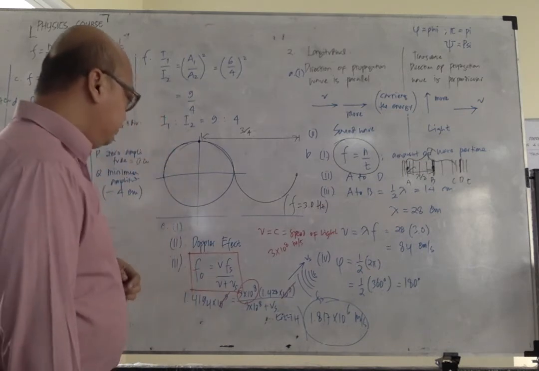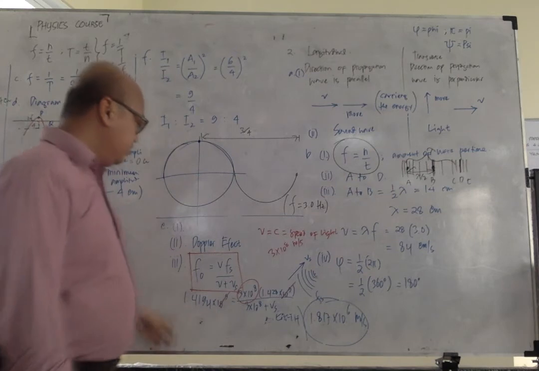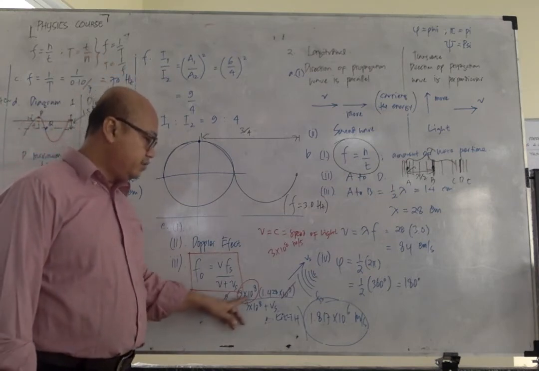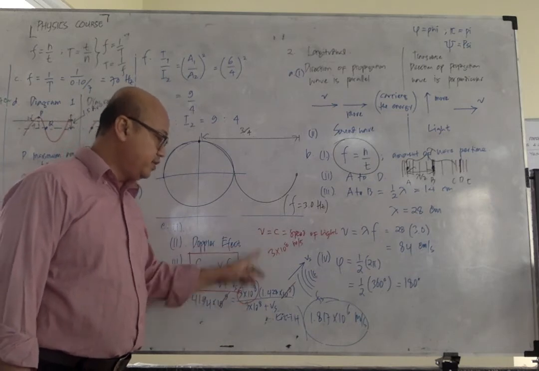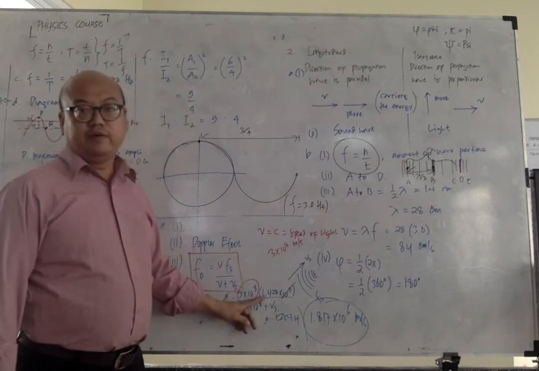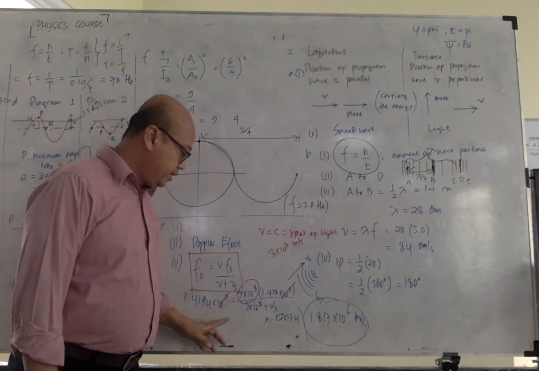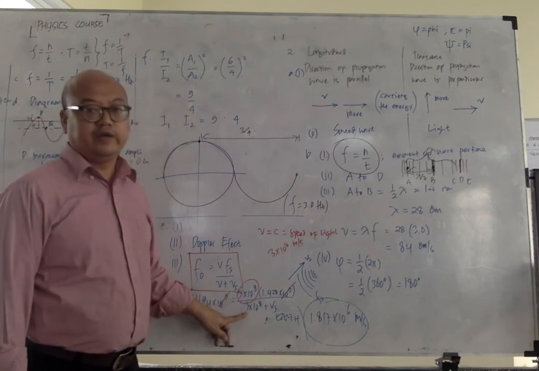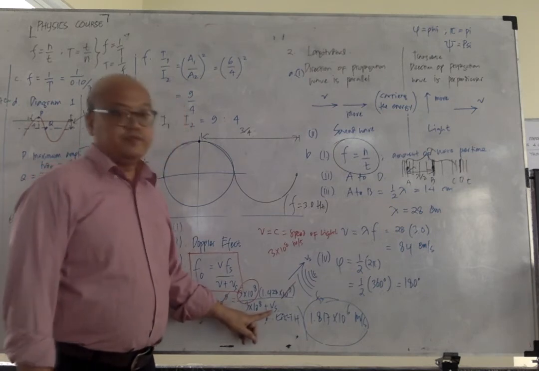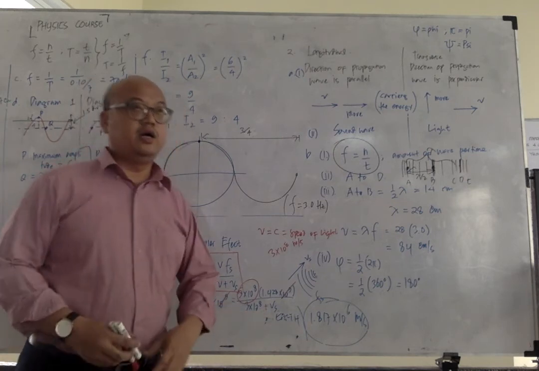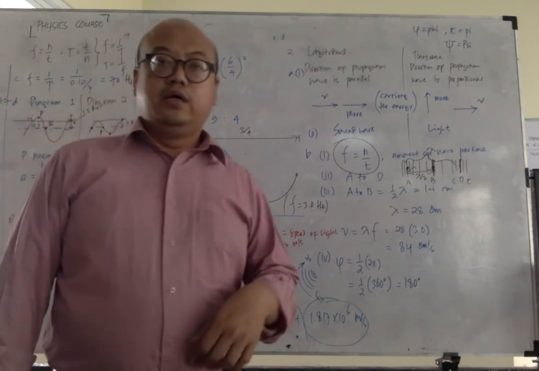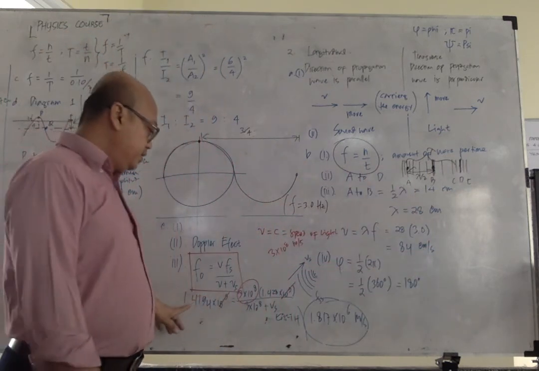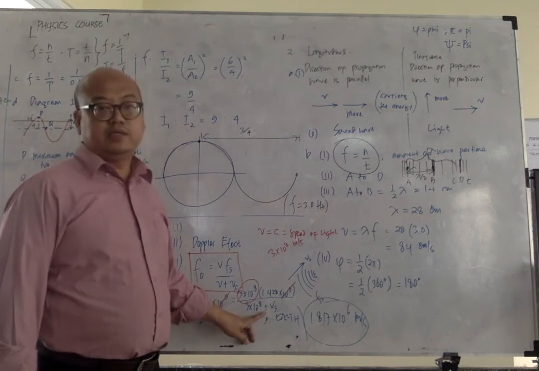After we include the values, the frequency is 1.4 times 10 to the power of 9 and we divide by the velocity of light plus Vs. Why plus? Because the source is moving away, so the frequency will be decreased. So this is a plus sign.